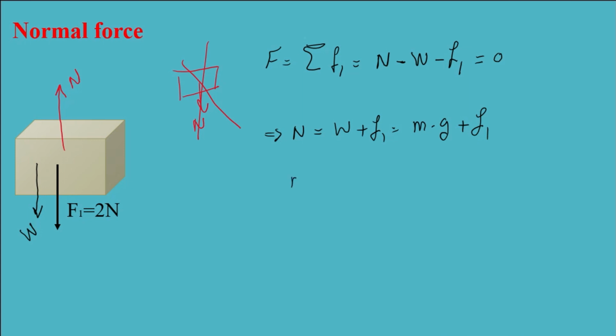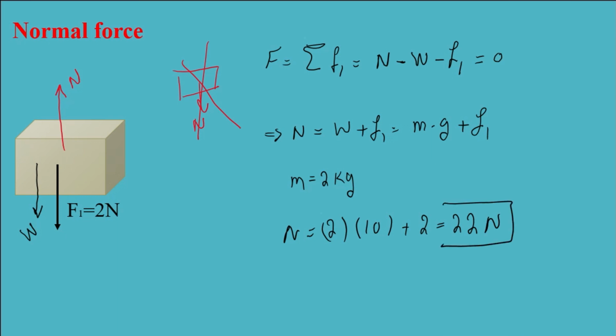Let's say my m is equal to 2 kilograms, I'm just assuming some weight for this box. Then my N is going to be 2 times 10, I'm going to say my acceleration is approximately 10 instead of 9.8, plus my F1 is 2 newtons. So my normal force is going to be 22 newtons, right?